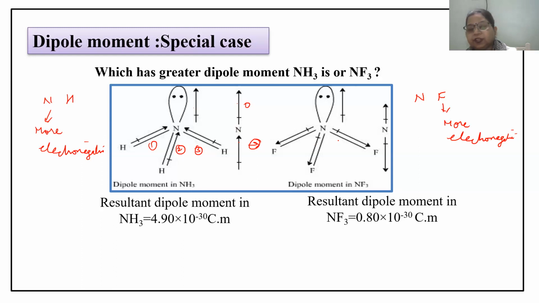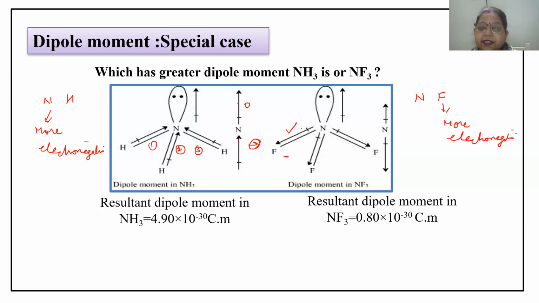If I talk about NF3, fluorine is more electronegative than nitrogen. Again, the understanding of the periodic table becomes handy and important in this case, right? So fluorine will be more electronegative. Therefore, the dipoles will be drawn like this.